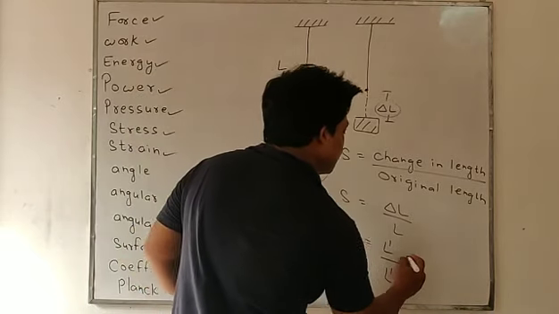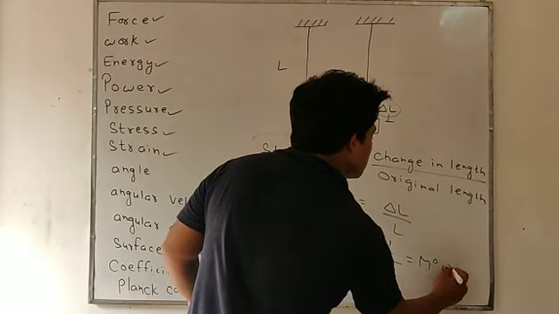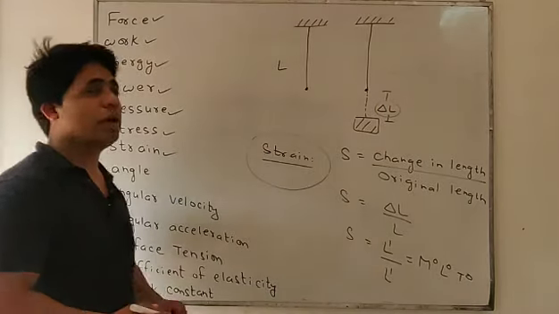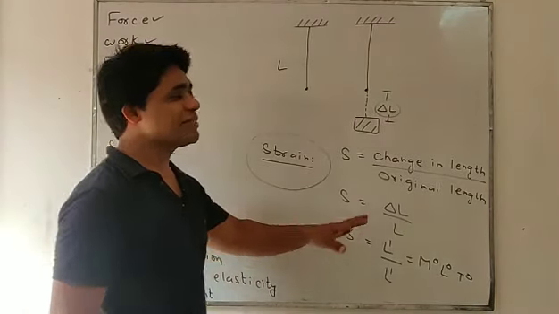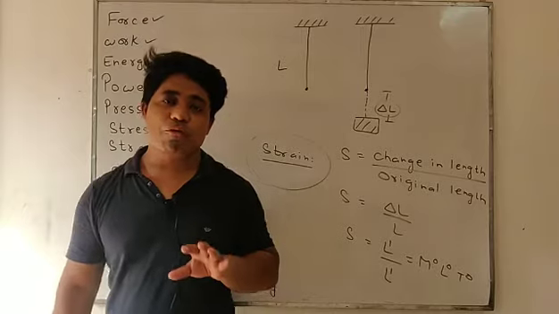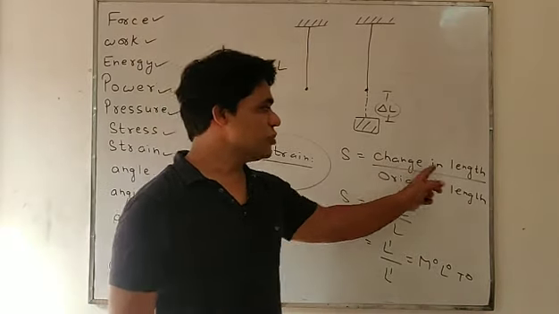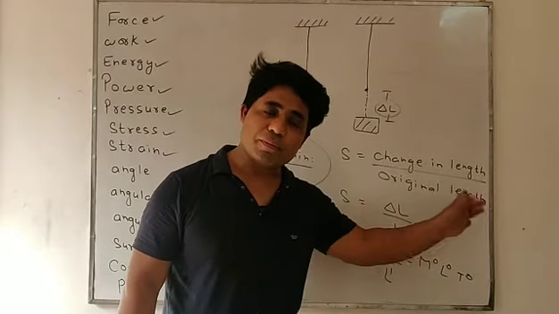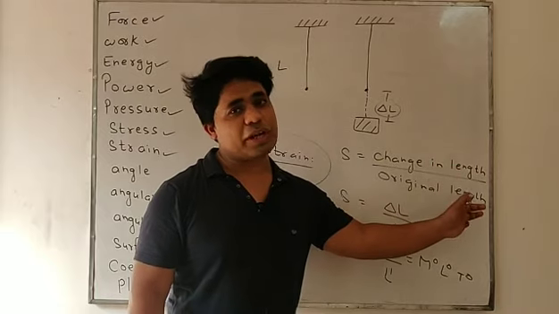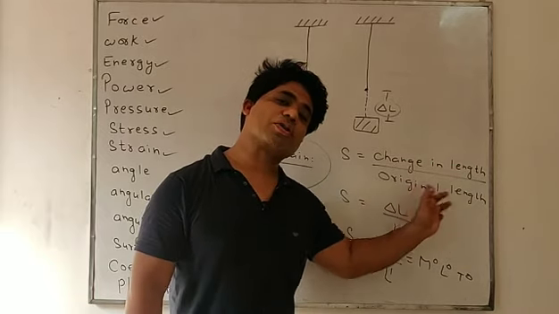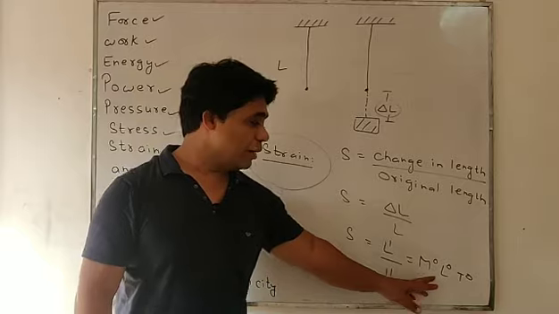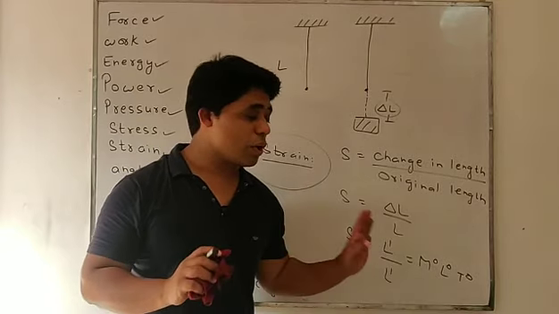L1 and L1 cancel out. There is no mass. M0 L0 T0. It means strain is a dimensionless physical quantity. Change in configuration by original configuration, change in length by original length, change in dimension by original dimension. So it is a dimensionless quantity.